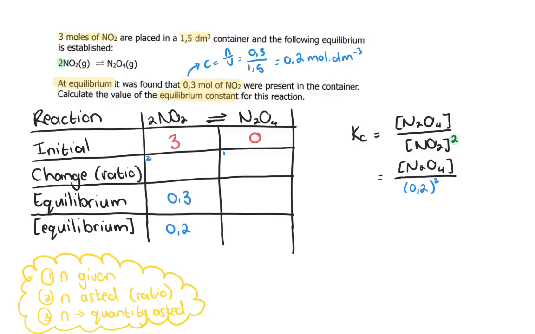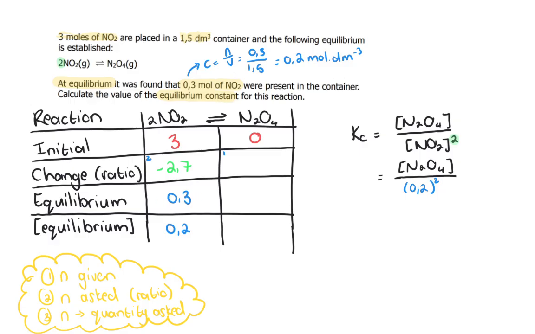I don't know how much formed, but if I know how much NO2 I started with and how much is at equilibrium, I know how much was used up, how much reacted. So I see that I used up 2.7 moles. Remember, this minus this has to give you that.